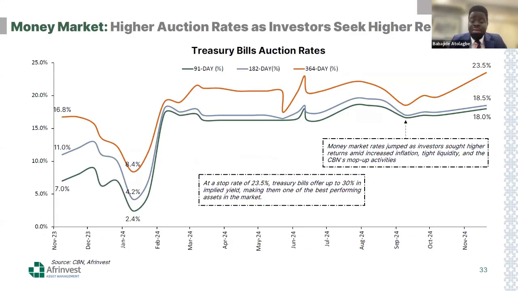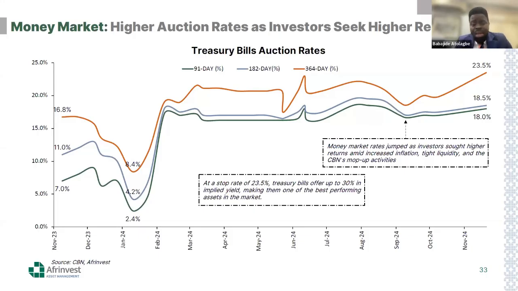And this also had a significant impact on the commercial paper space, as we saw a lot of A-rated corporates raising 270-day instruments at yields as high as 30%. Even the best issuers in the country, which are Dangote Cement and also MTN, were issuing north of 20%. It shows how difficult it is for issuers at this point in time.